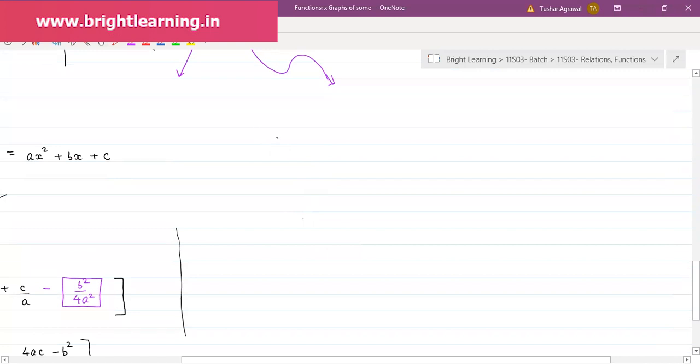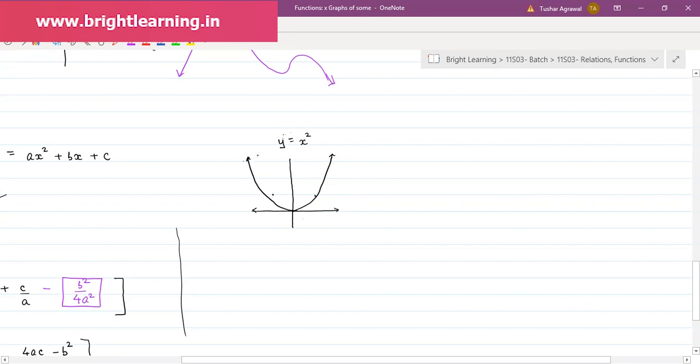If I tell you to draw the graph of y equals x square, can you draw it? Yes, sir, it's very easy. The graph will be a U shape. x equal to 0 gives 0, x equal to 1 gives 1, x equal to 2 gives 4, x equal to minus 1 is also 1, x equal to minus 2 also has image 4. So the graph is symmetrical about the y-axis. Everybody agree with me? No doubt here.